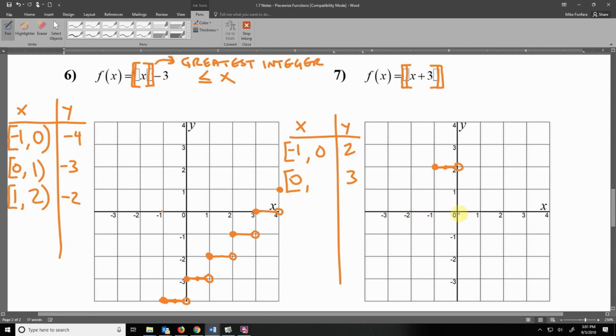Starting at an input of 0, I have an output of 3, all the way up to, but not including, 1. Because if I put in 9/10, 9/10 plus 3 is 3 9/10, and the greatest integer less than or equal to 3 9/10 is 3. But once I put in a 1, it's going to change. So that shows us our pattern.